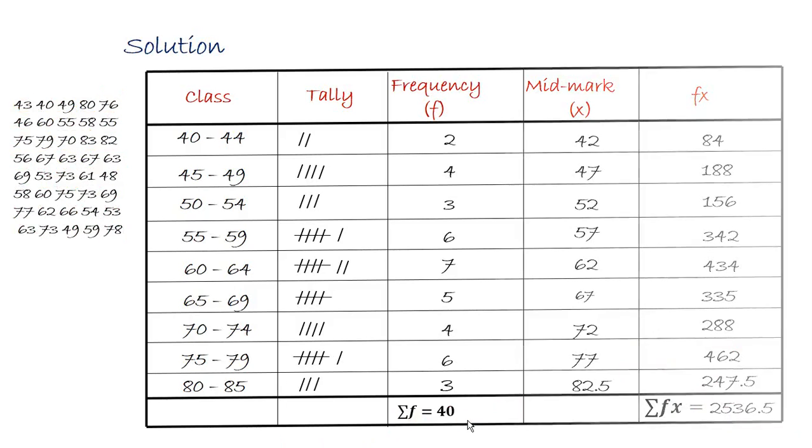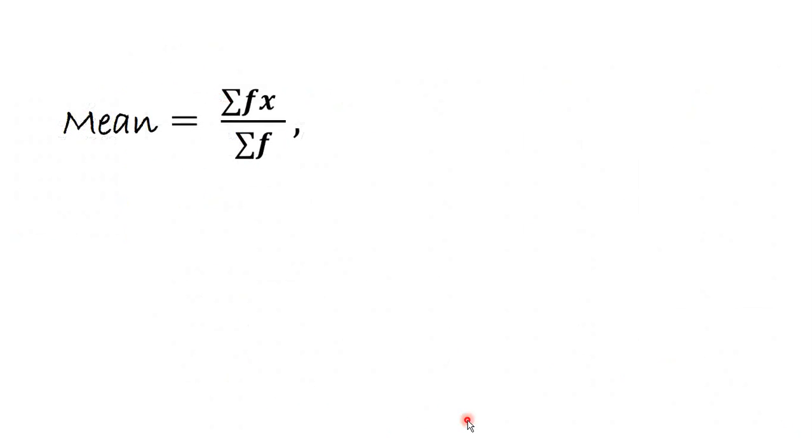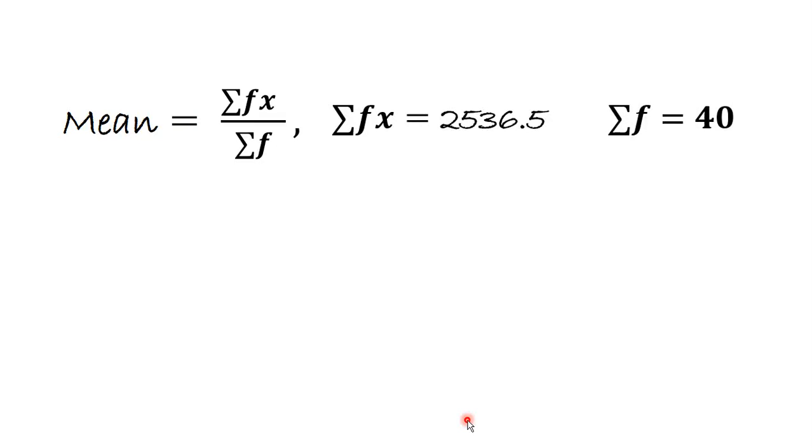So now let's get the mean using the formula summation of fx divided by summation of f, where summation of fx is 2536.5, and then summation of f is 40.